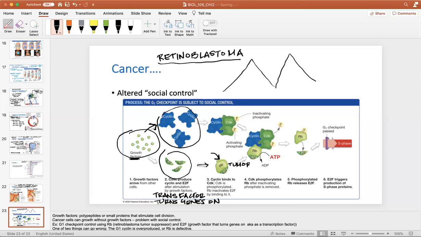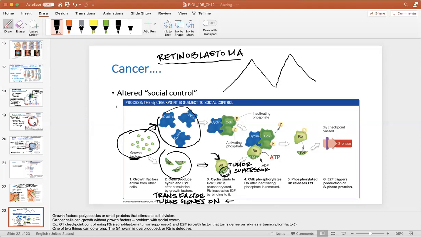And the reason it's called a tumor suppressor is because by binding up E2F, it's making E2F unable to turn on genes for cell division. So this tumor suppressor is blocking this guy from turning on cell division genes.